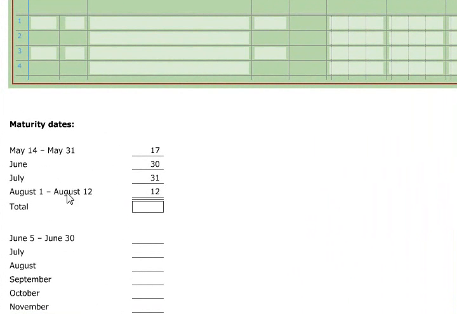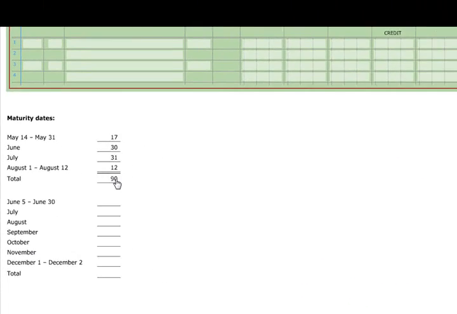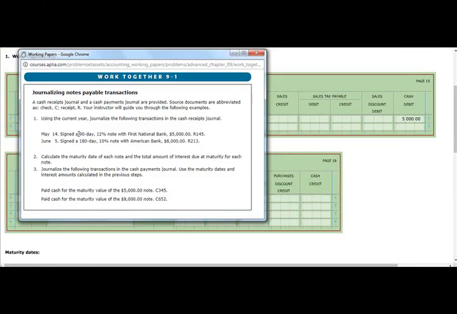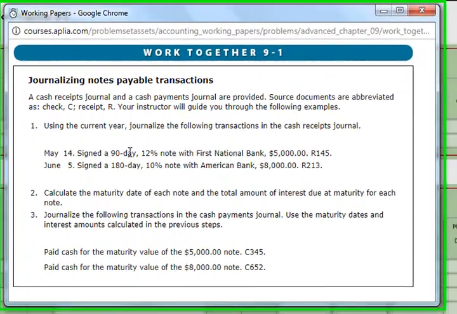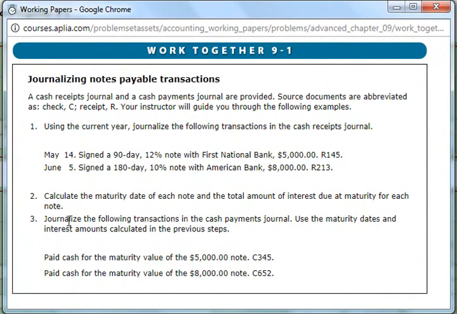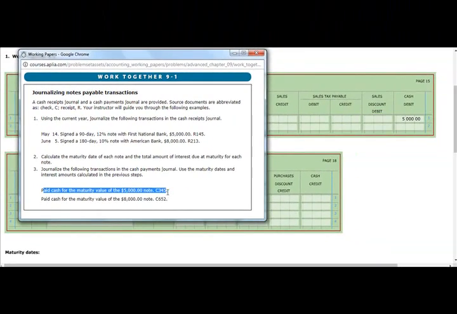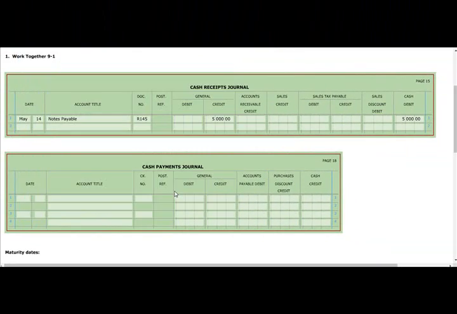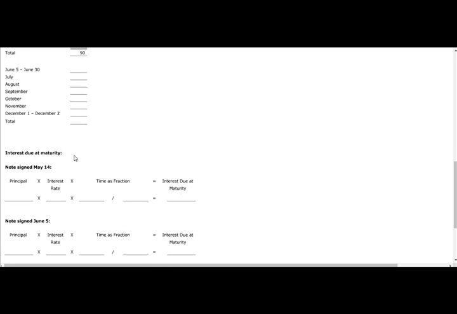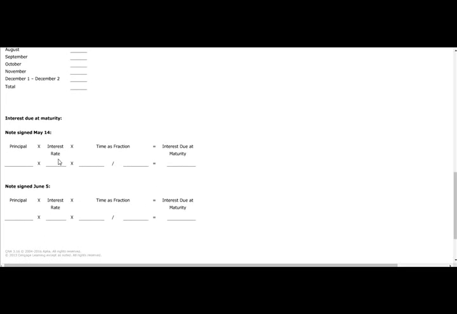And Aplia puts it in there for you, August 12th. Adding up all of these numbers, we're going to get 90 days. Well, that's the amount of time that our note was. So when we get down to the payment of cash for the maturity value, we know we're going to pay it back on August 12th. Just have to figure out how much the interest is for. And that's what we do down here, interest due at maturity.